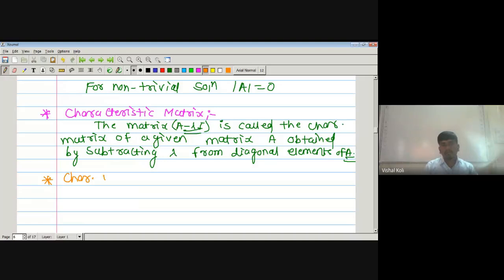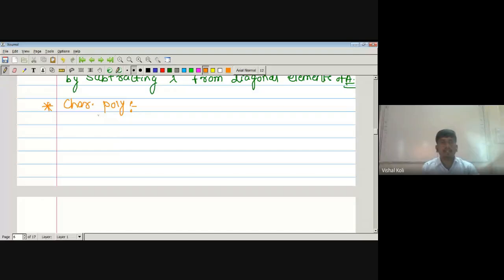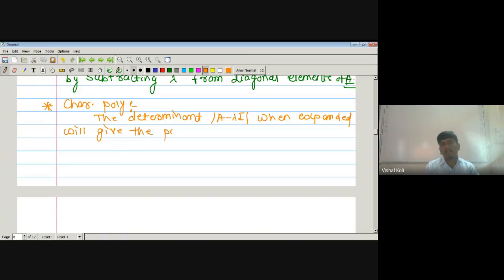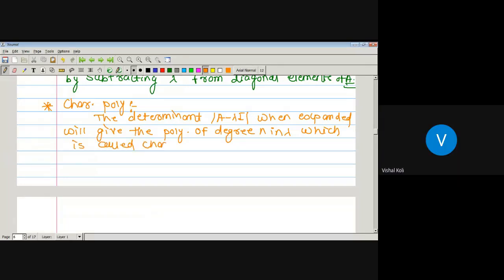characteristic polynomial. So what is a characteristic polynomial? The determinant of A minus lambda I, when expanded, will give a polynomial of degree n in lambda, which is called the characteristic polynomial.